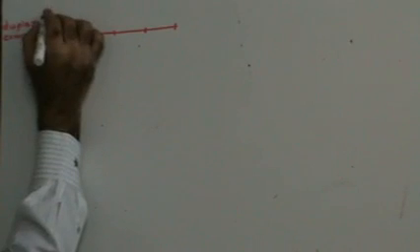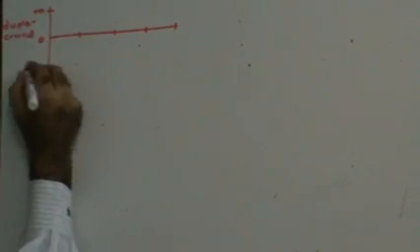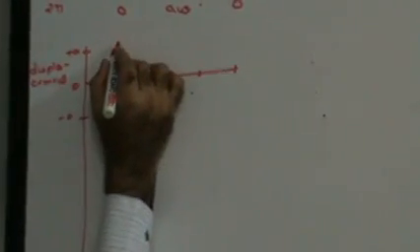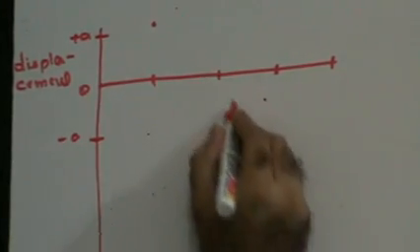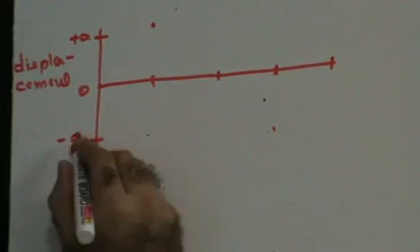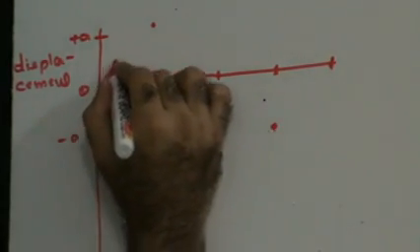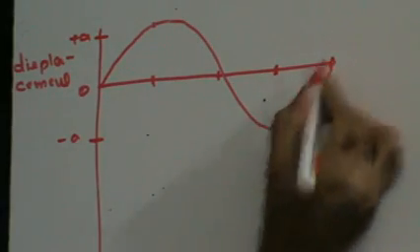Sine of 0 is 0 and it varies between plus A and minus A. So sine 0 is 0, sine 90 is A, sine 180 is 0, sine 270 is minus A, and 360 is 0. Draw this graph. This is going to be my displacement curve. Fine, do we get this thing here? This is how the curve will look like.